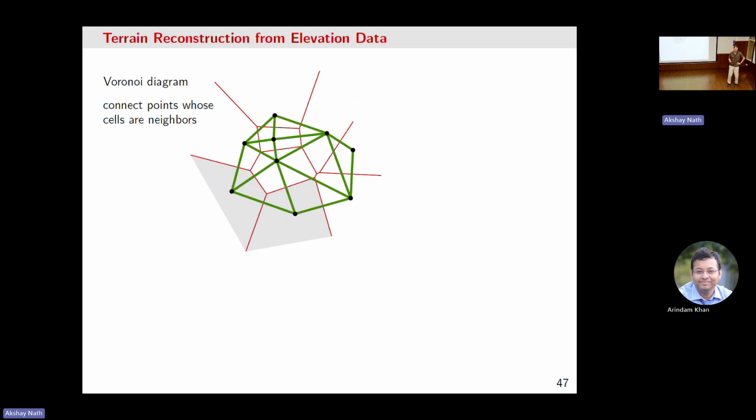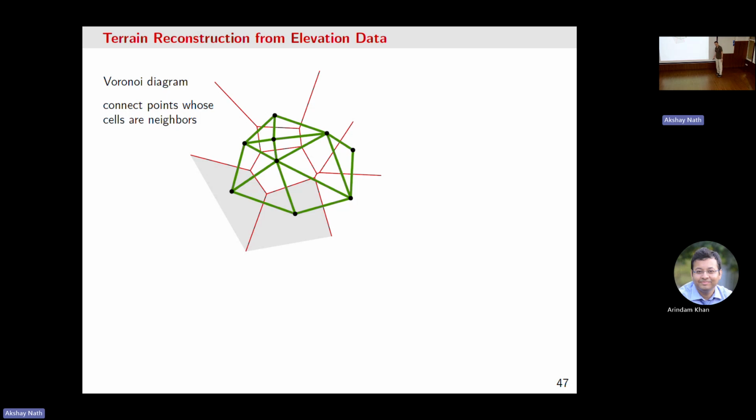Now, first of all, if the point set is not in degenerate position, so there are no 4 co-circular points, for instance, then this is a triangulation, which is maybe the same as saying that in the Voronoi diagram, all the vertices have degree 3. And secondly, this is the triangulation that maximizes this minimum angle. Okay, so that's quite nice.